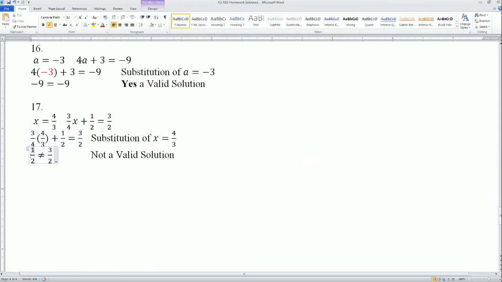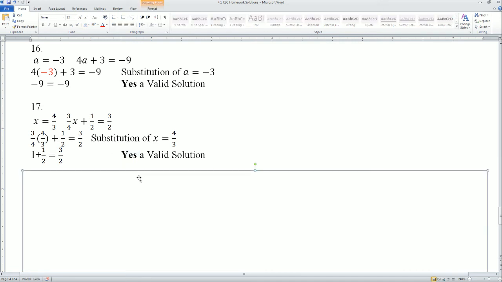Ooh, wait, this is wrong. Sorry, because there's actually a 1 out here. Because this 3 over 3, 4 over 4 is 1. 1 plus 1 half does equal 3 over 2. So we would say that, yes, this is a valid solution.